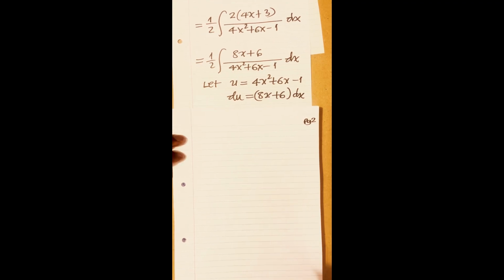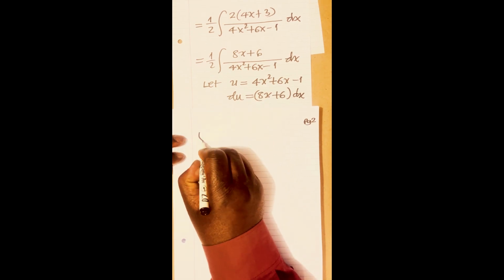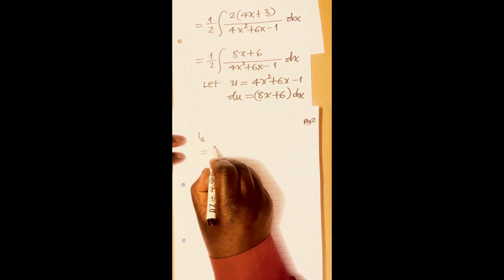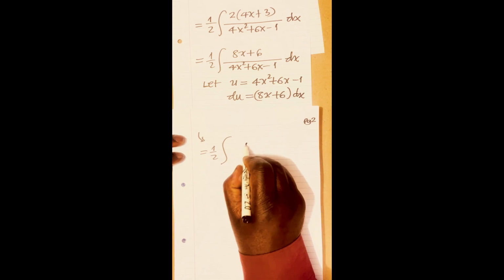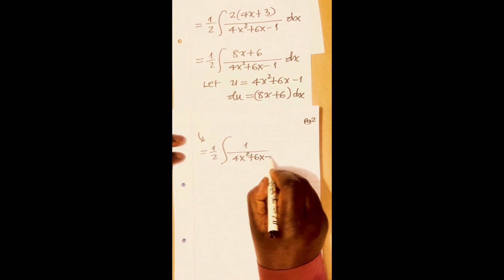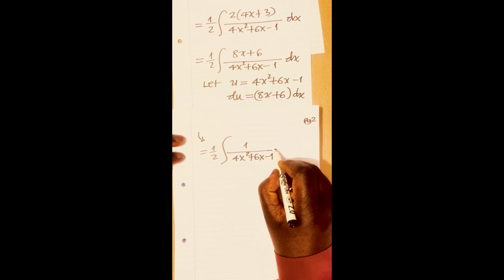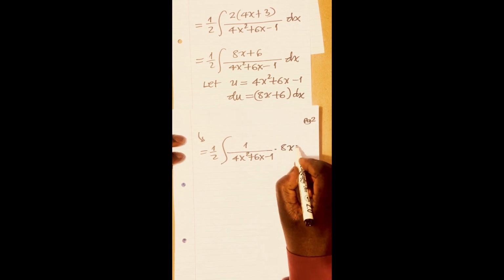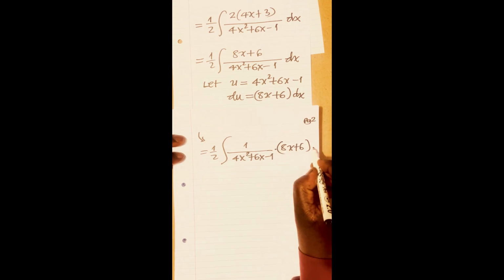Watch carefully here. I'm saying that integral is the same as 1 over 2 times the integral of 1 over (4x² + 6x − 1) multiplied by (8x + 6) dx. Why am I doing this?